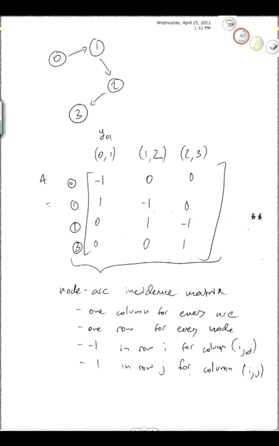Let's see why that is. Basically, the constraint matrix has a special property: every column has exactly one +1 and one -1.